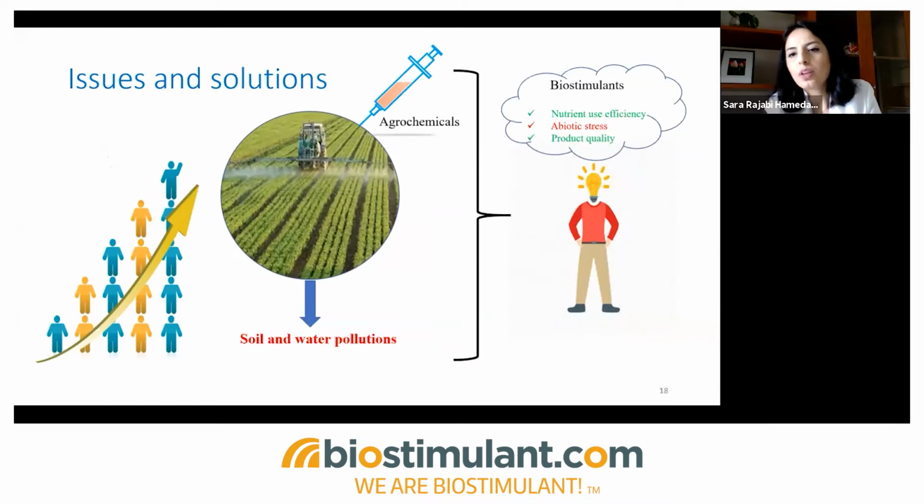One of the hot topics in the food security argument is the excessive use of agrochemicals for increasing crop productivity in response to growing population and global food demand.